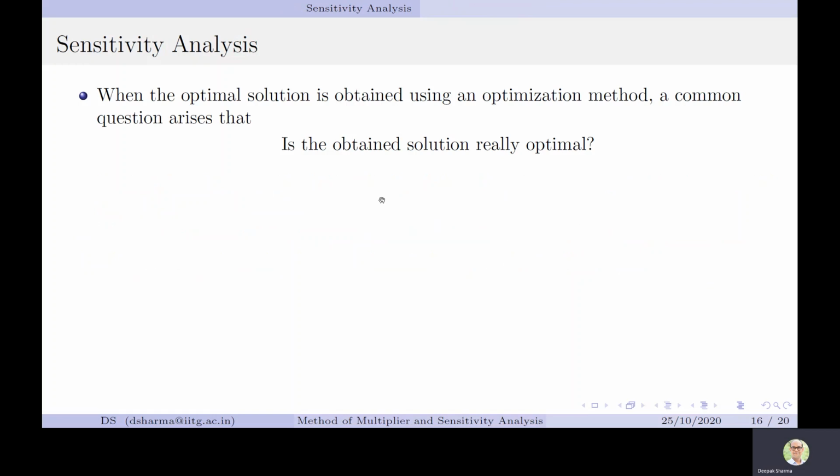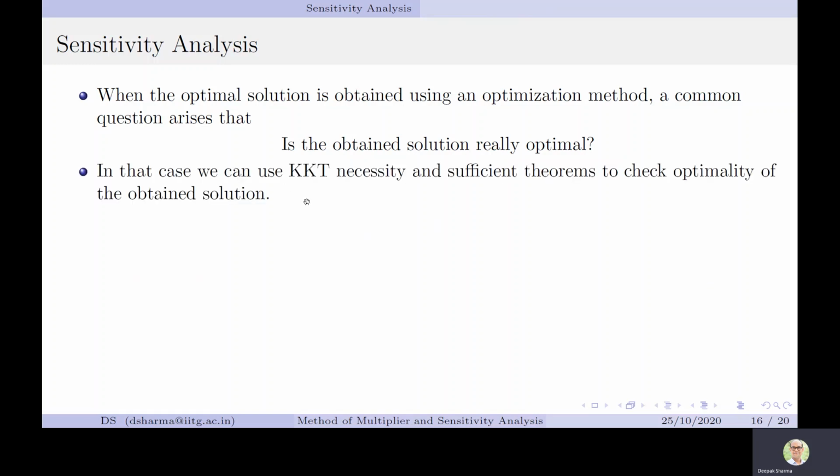With this understanding of penalty function method as well as method of multiplier, now let us move to the sensitivity analysis. When we start with the sensitivity analysis, there is certain background to understand. When the optimum solution is obtained using an optimization method, a common question arises: is the obtained solution really optimal?